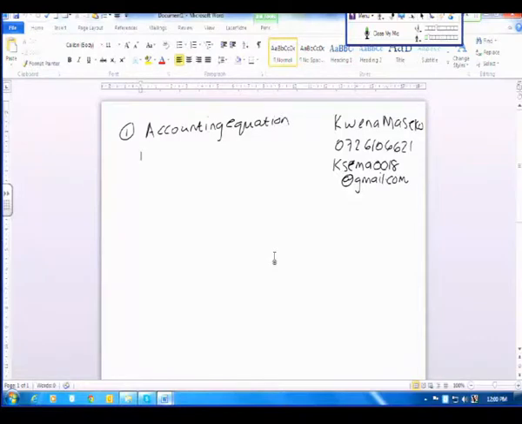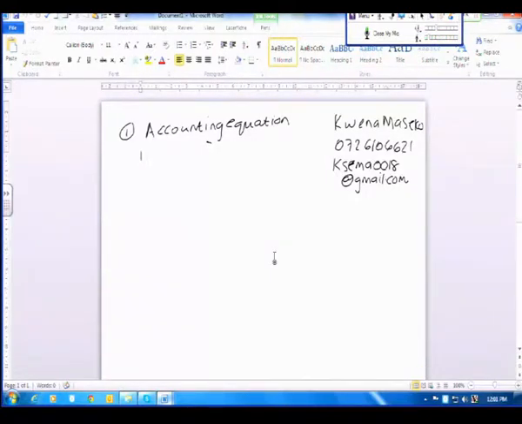In other words, after this class, you should be able to process the transactions on the accounting equation. The reason we start with this is because it is the foundation of accounting. If you master the accounting equation, you are not going to have a problem at all. So I want you to pay very careful attention.